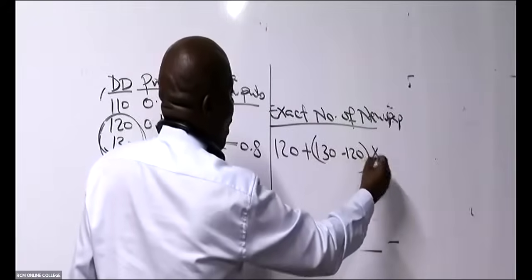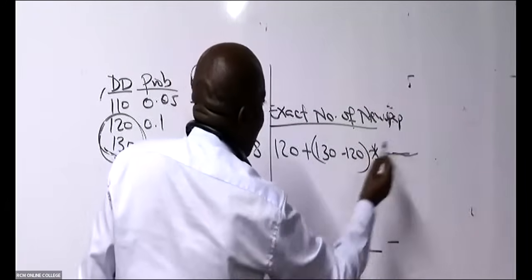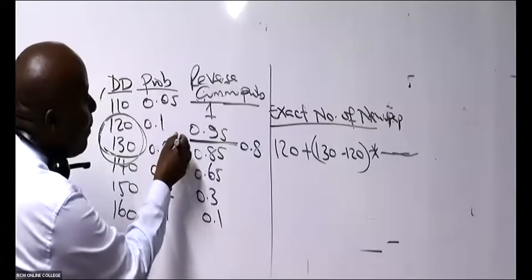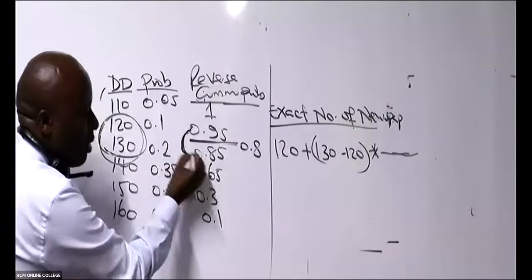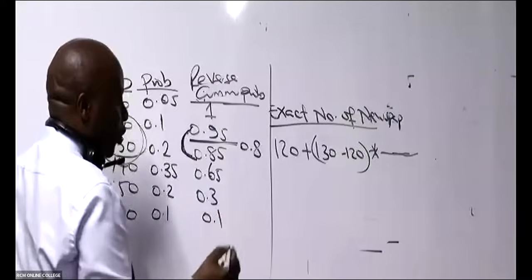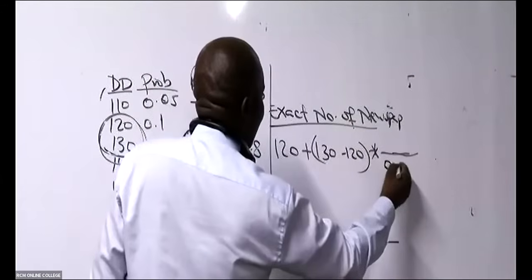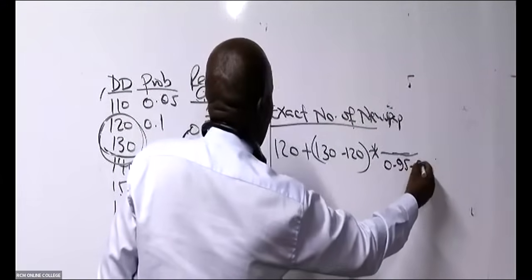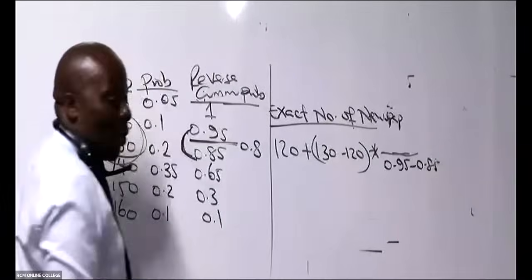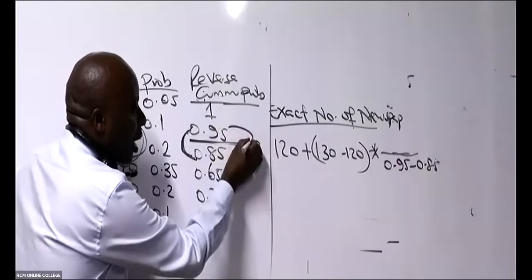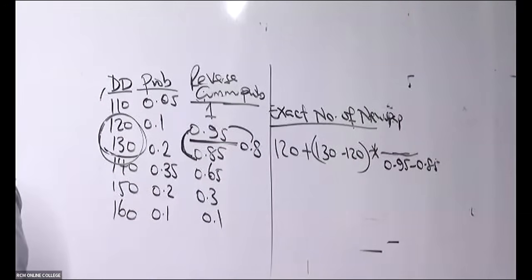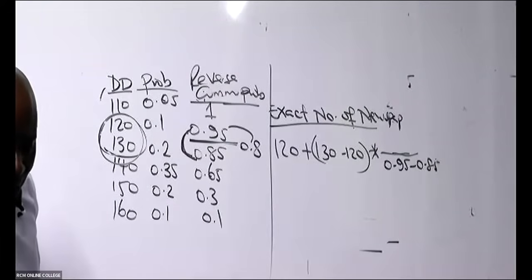And then from there, we do abracadabra. For the denominator, it is the bigger arc, which will be 0.95 minus 0.85. How about the numerator? The numerator, I would always use the upper arc.